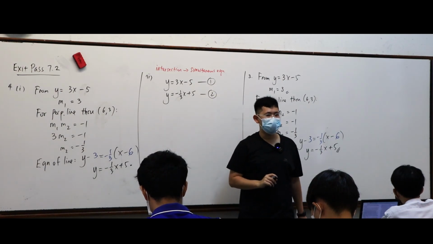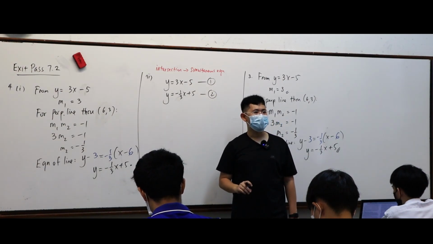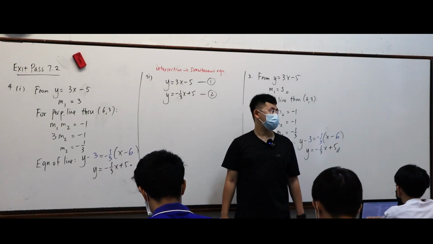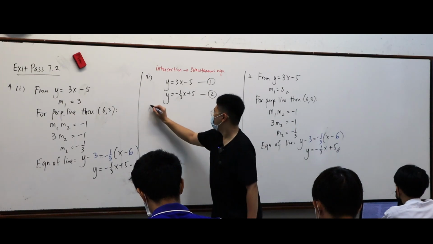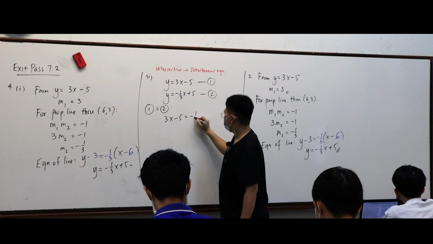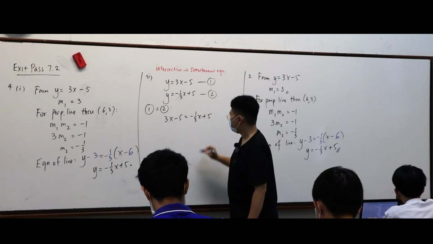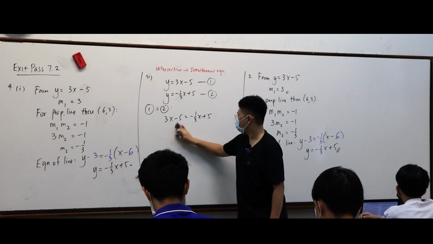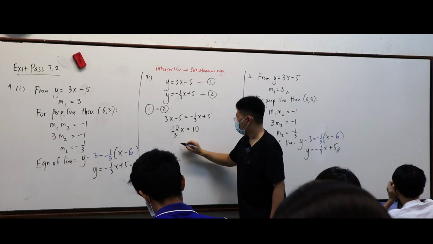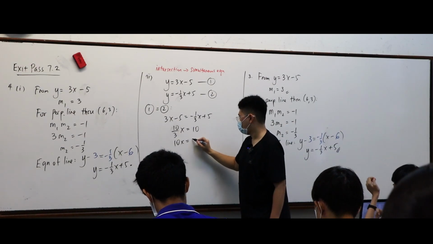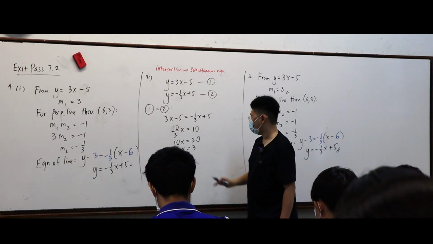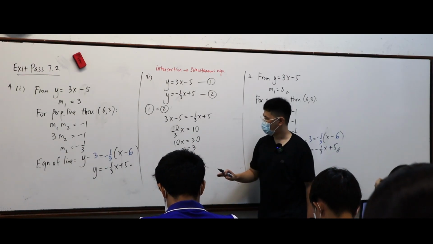Okay, so how do you want to do it? You want to sub or eliminate? What do you think? I will follow your order. Sub or eliminate? Sub? Okay. Right, correct.